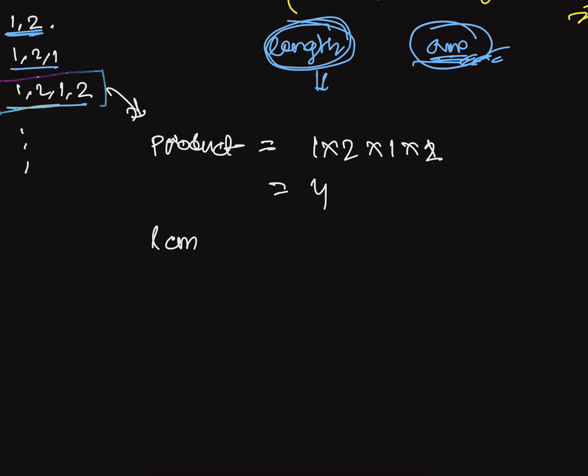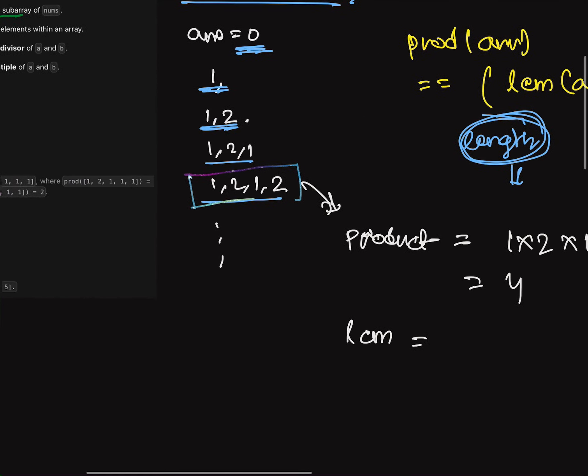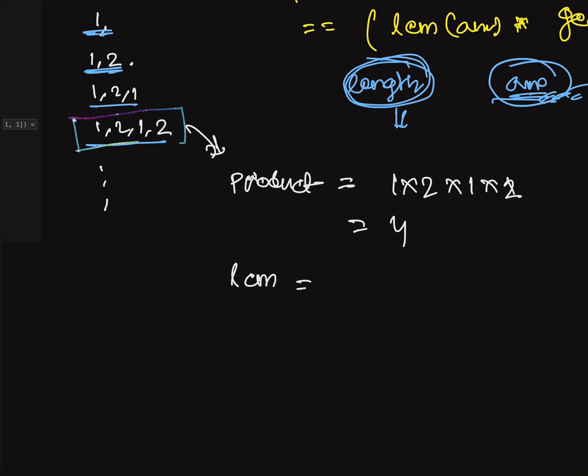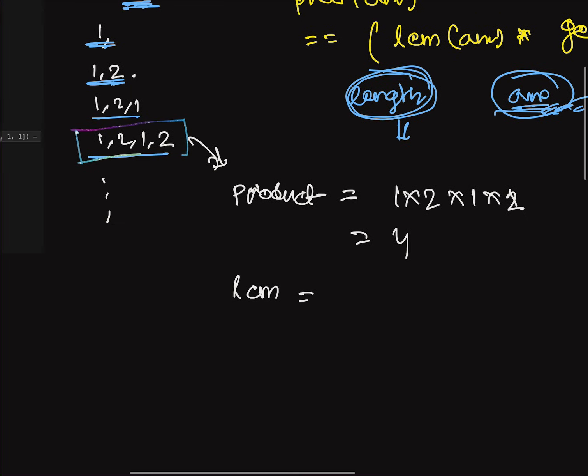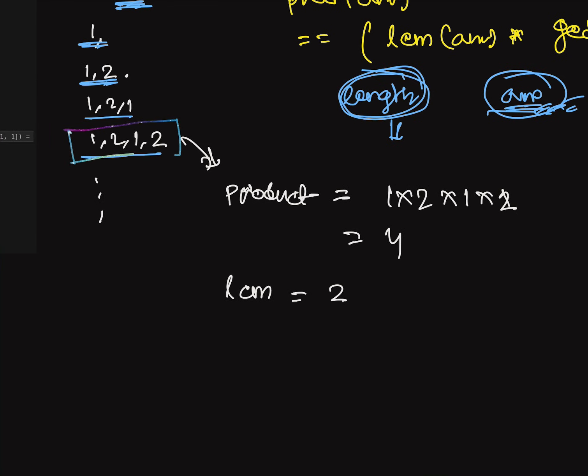Now what will be the LCM? LCM is the least common multiple. It will be 2, because 2 is divisible by all the elements: 1 divides 2, and 2 also divides 2, so that's why the LCM will be 2.